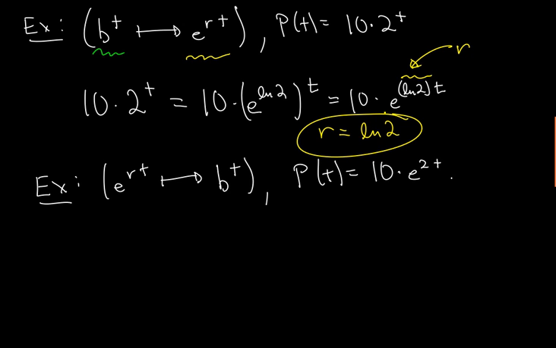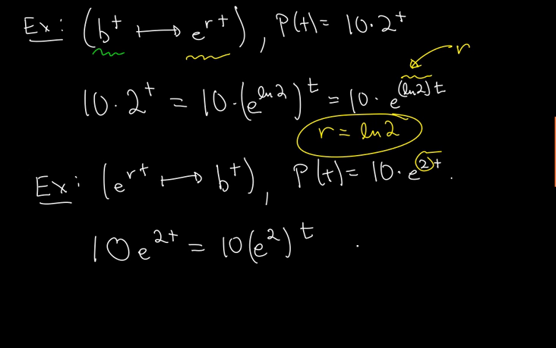Now let's go to e to the rt. If you start out with that function, they give you the relative rate of change. In this case, it's just the number 2. And you want to write it as a standard exponential function, some base to the power t. So e to the 2t is equal to 10 times e squared to the power t.